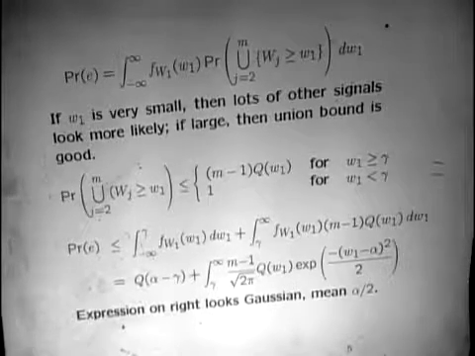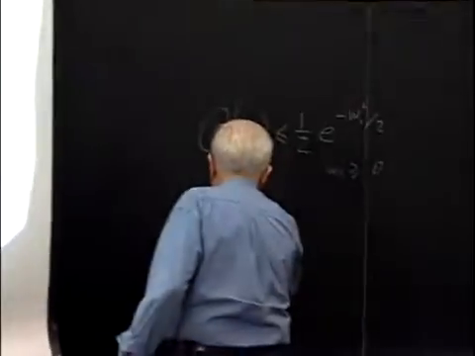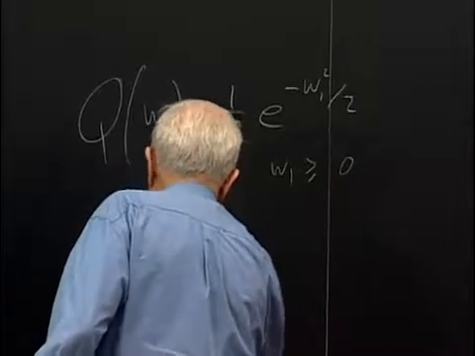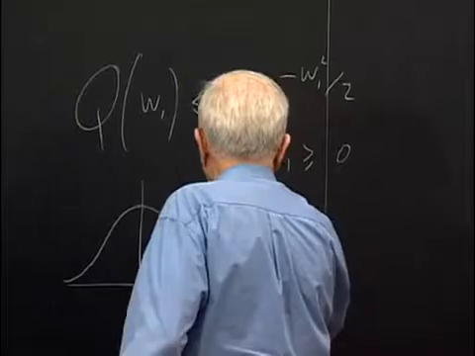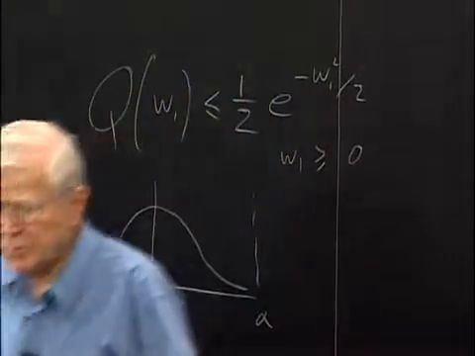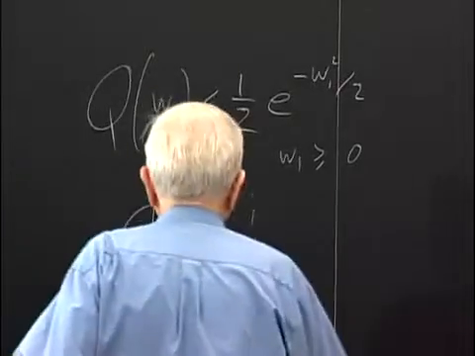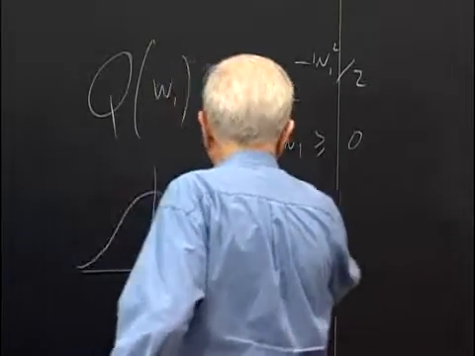One Gaussian density is sitting here looking like this with some scale factor on it at 0. The other Gaussian density is out here at alpha. It was alpha, wasn't it, or was it gamma? Can't keep my gammas and alphas straight. Okay, and it looks like this.